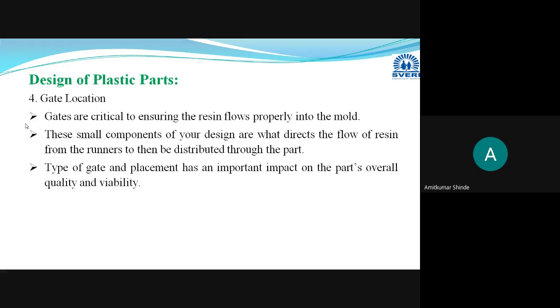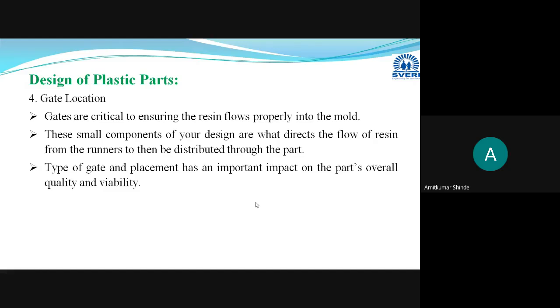You have to choose a proper design of the runner and gate, because depending on that runner and gate, they will control the flow of that resin, which is nothing but your plastic material, and depending on that flow, your final product will be obtained. The type of gate and runner will decide the quality of that flow, and at the end it will determine the quality of your product.